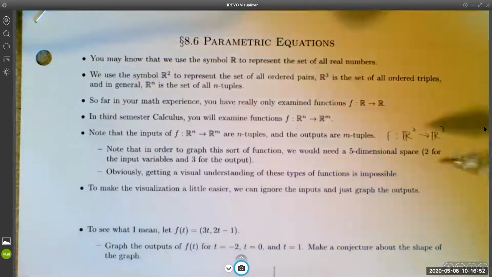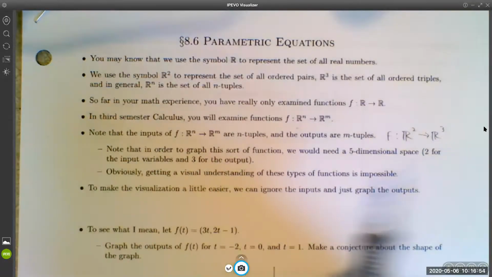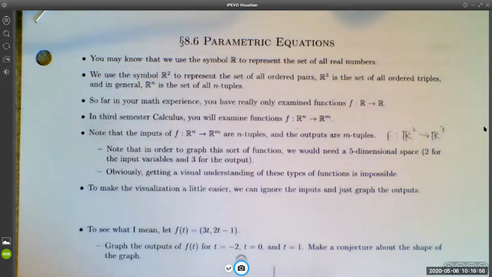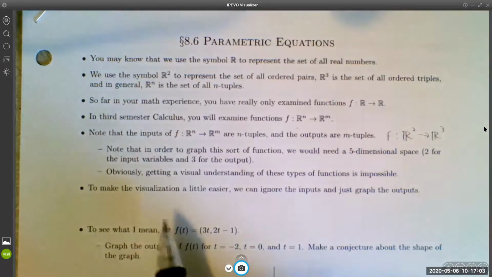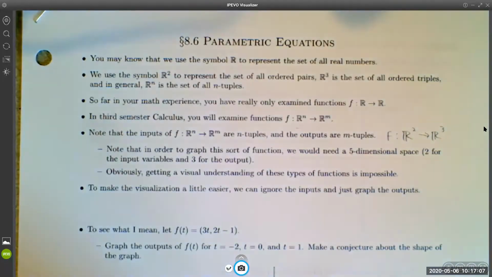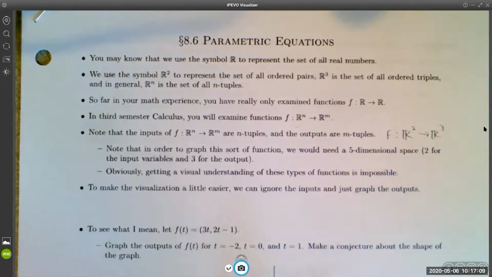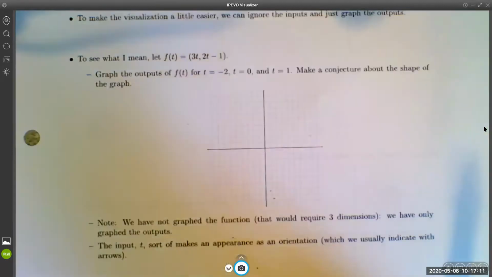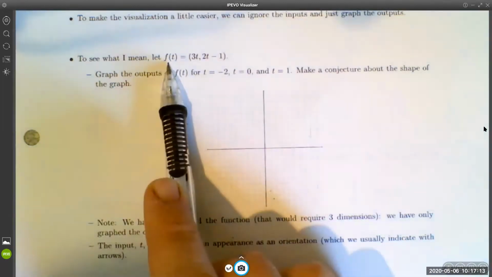So getting a visual understanding of these kinds of functions is impossible. But one thing that we can do to sort of visualize the functions is to ignore the inputs and just graph the outputs.